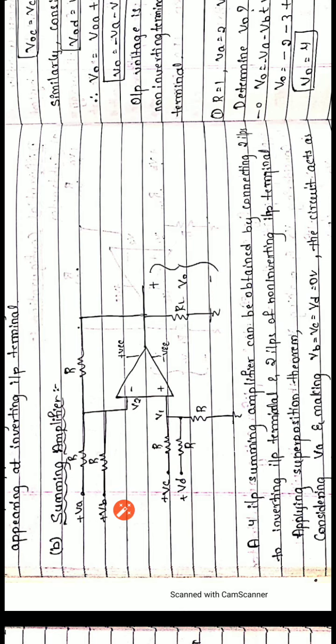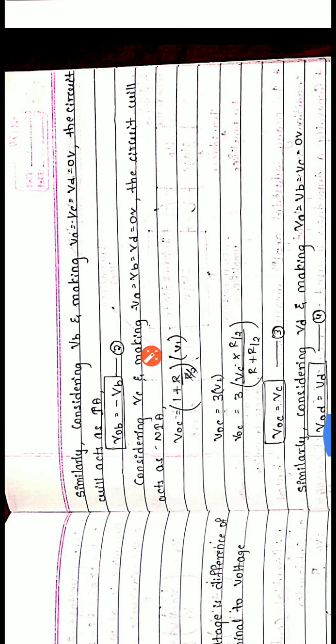Similarly, now I will make VB the input and the remaining all are grounded. So VOB can be written as again minus R by R into VB, which is shown here. So here VOB equals minus VB.